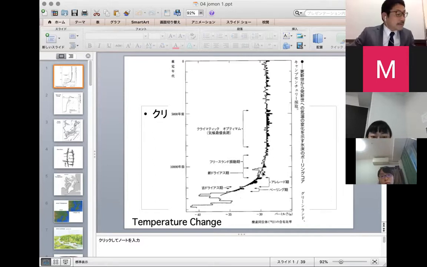And so this is what happens when a glacial period ends. The temperature doesn't go up very slowly, but it's a rapid movement, and it goes abruptly, very quickly.